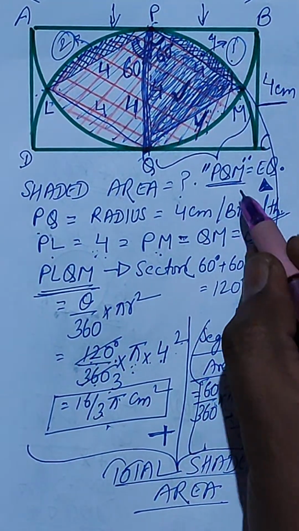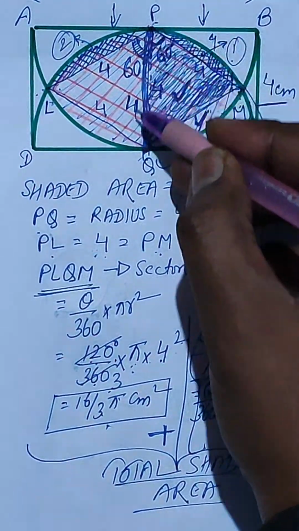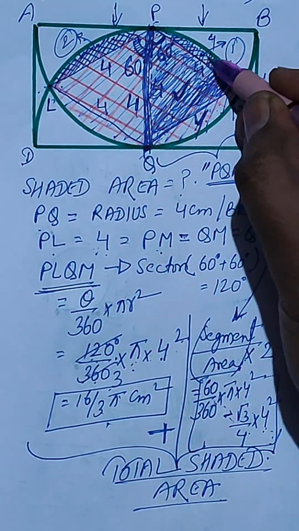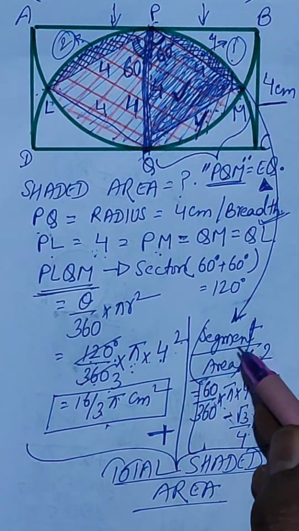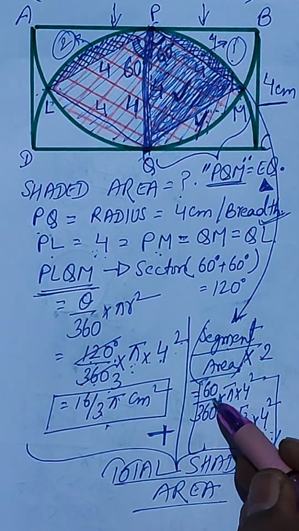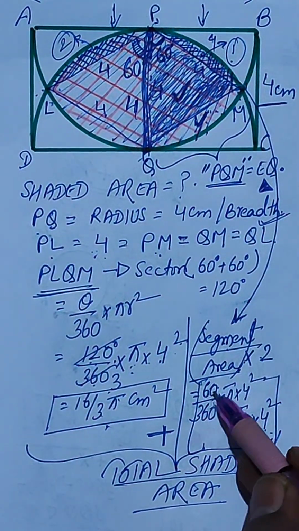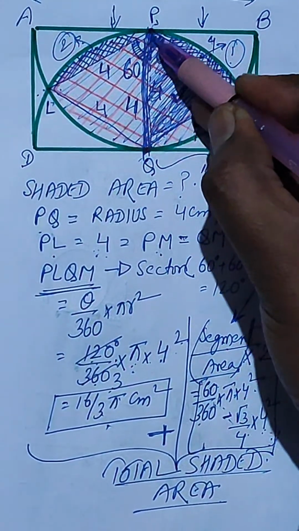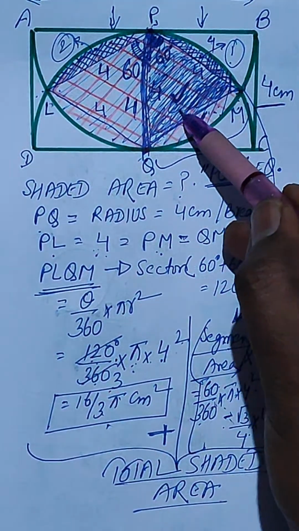If the area of this equilateral triangle is subtracted from the area of this sector, you will get the area of this segment and this segment. So two times the segment area is calculated from sector PQM, which is theta by 360 into pi r square with angle 60 degrees, minus the area of the triangle.